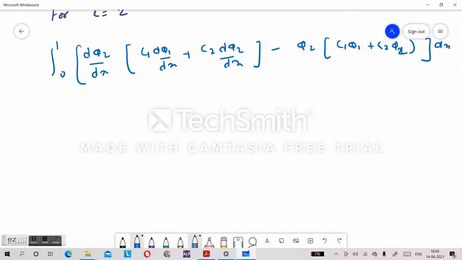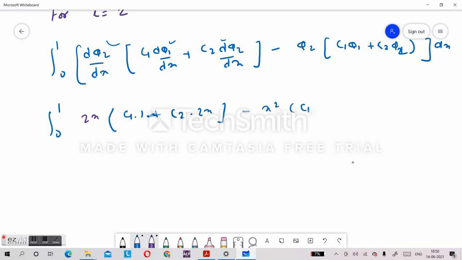We know these values already, so it will come out to be 2x times c1 into 1 plus c2 into 2x, minus x squared times c1 x plus c2 x squared, and this whole term in dx.